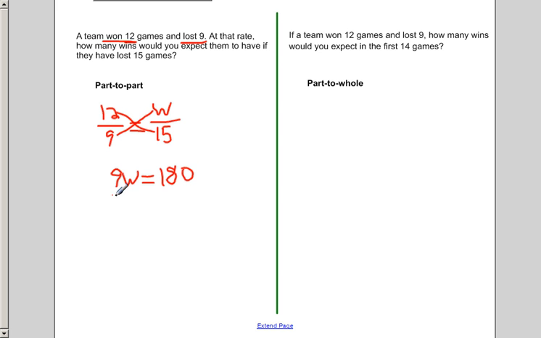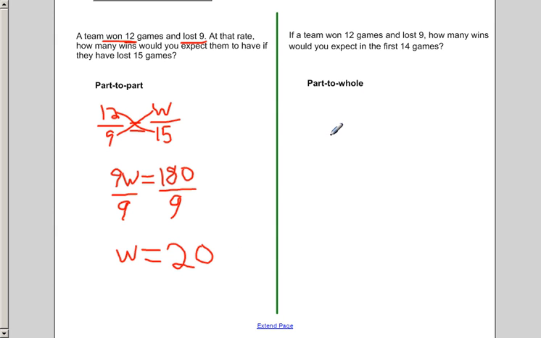And if we have 9 of something, we want to divide and find out what 1 of that something is. So 1W then is equal to 20. So you could expect them to have 20 wins if they have 15 losses.